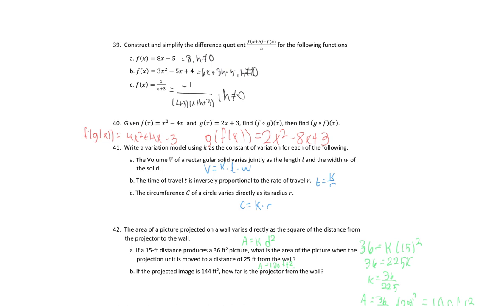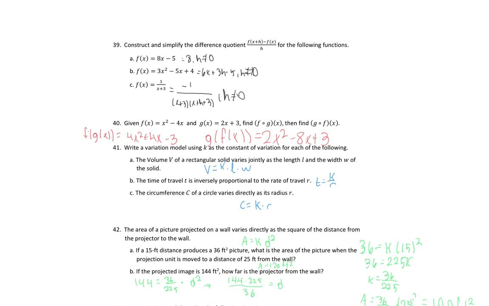Okay, this next one is giving us instead the area, and we need to find the distance, so that we know that 144 is going to be 36 over 225, because that's our k. Our k doesn't change, times distance squared. Well, multiplying over the 225, so 144 times 225 divided by 36.